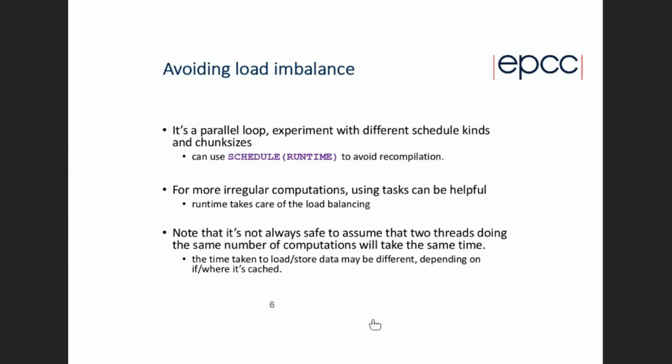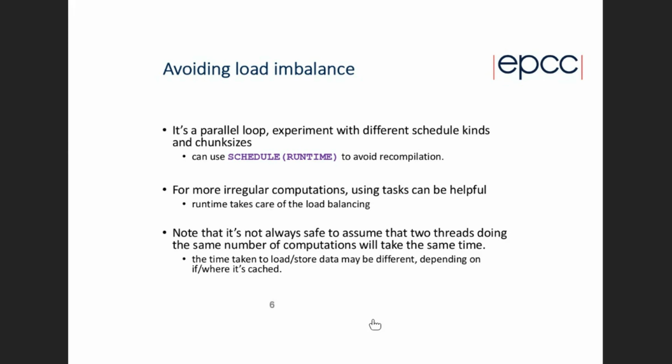Just as an aside, it's not always a safe assumption that just because two threads are doing the same number of computations, they're actually going to take the same time to execute. The reason is that the time taken to load and store data might be different, because it might depend on if or where that data is cached.